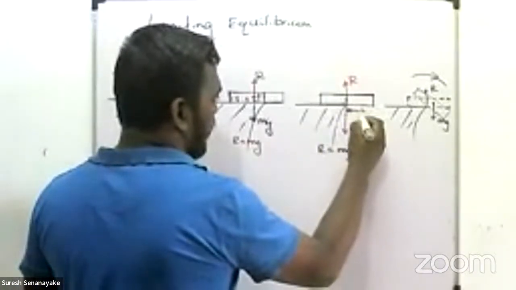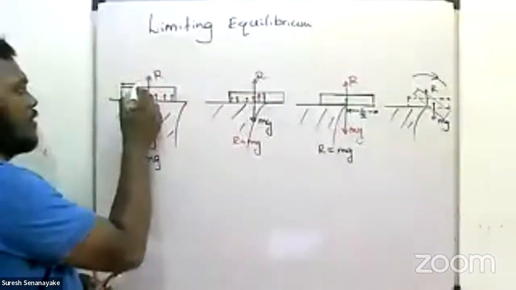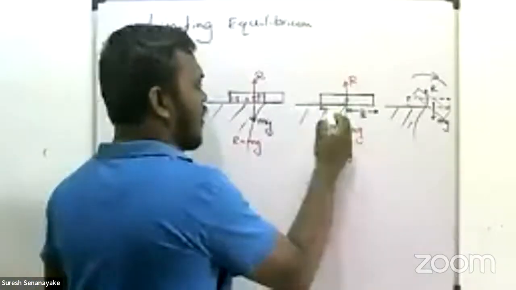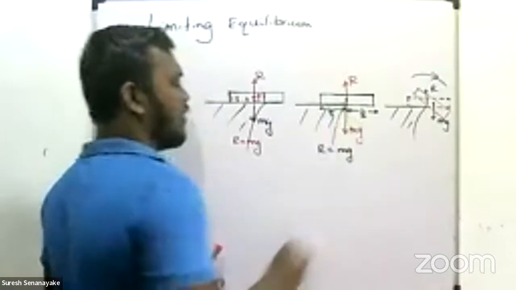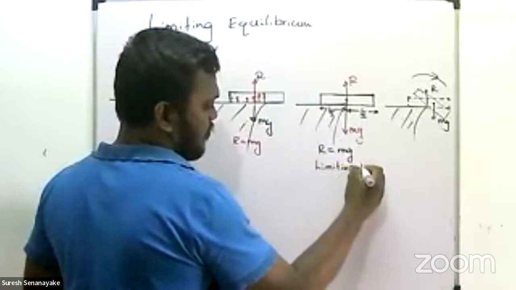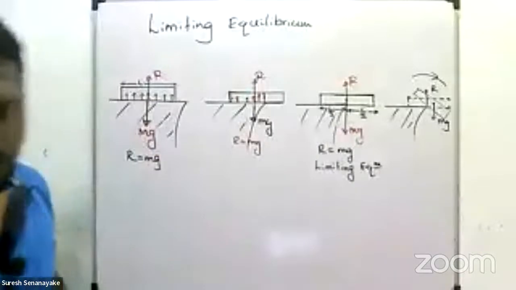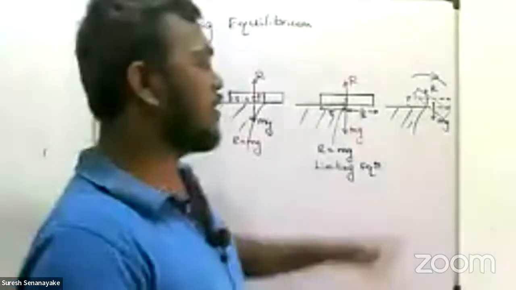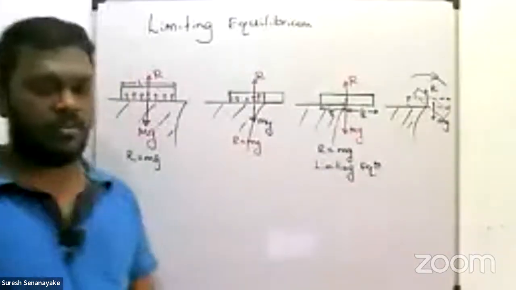Let's say this length, and the start length is L. This case is called the limiting equilibrium. This is the maximum. Further you take it out, because of the moment given by the weight, the body will be brought down.